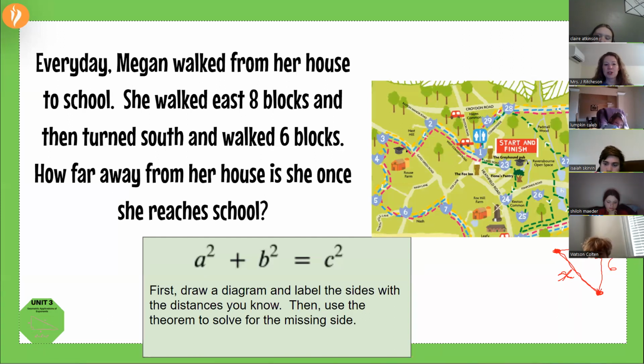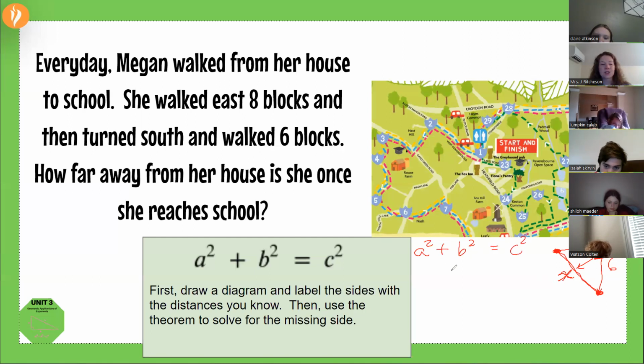All right, so remember the two sides that form that right angle are called the legs. So we're looking for the hypotenuse, and the hypotenuse must be C in our Pythagorean theorem. So we do have our legs, we have A and B, but we do not have C.